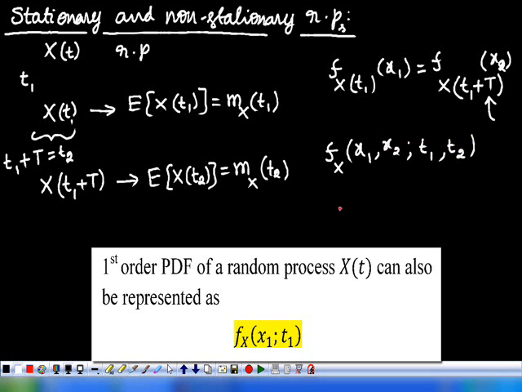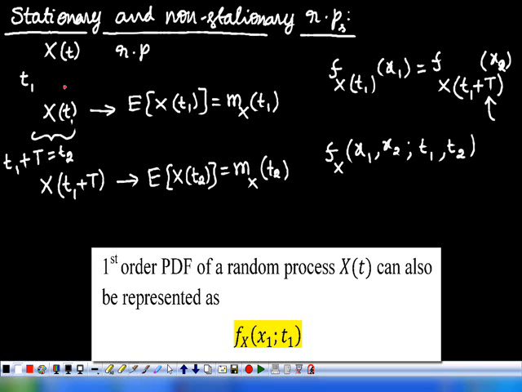This is the joint density function. Instead of writing fxx, better to avoid it and simply write fx of x1 x2 t1 t2. That is, we combine these two. This is the marginal density, and this is the marginal density. This fx of x1 comma x2, t1 comma t2 can be considered as the joint density function.